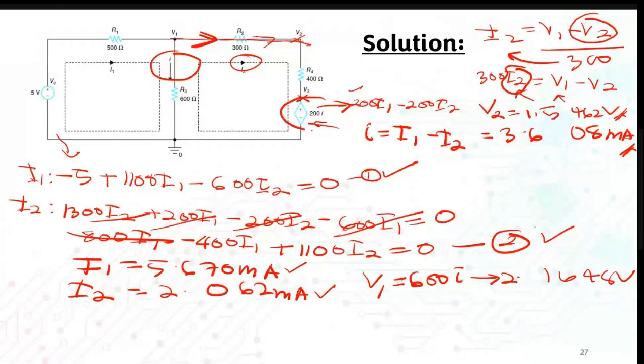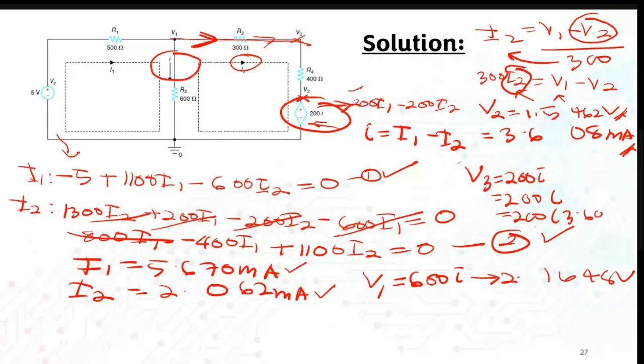Alright, same goes with this V3. V3 is actually this source, 200 times I. So for V3, it's equal to 200I, so 200 times 3.608.